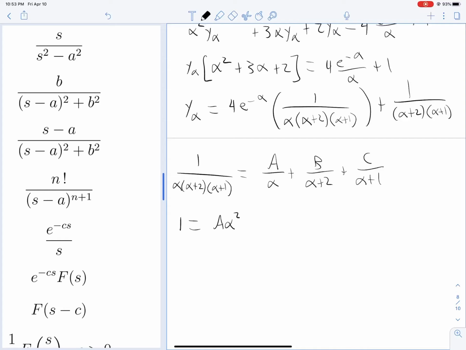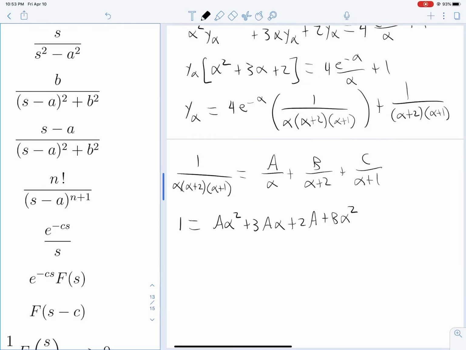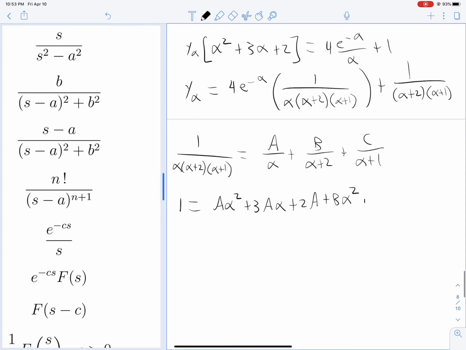a alpha squared plus 3a alpha plus 2a, plus b alpha squared plus b alpha plus c alpha squared plus 2c alpha.